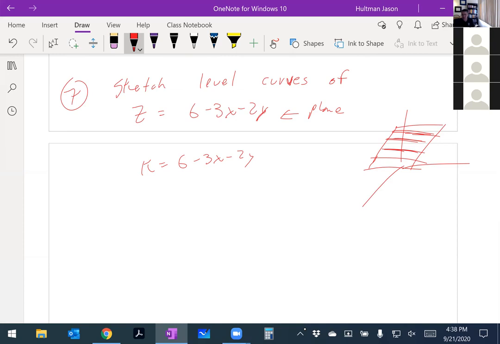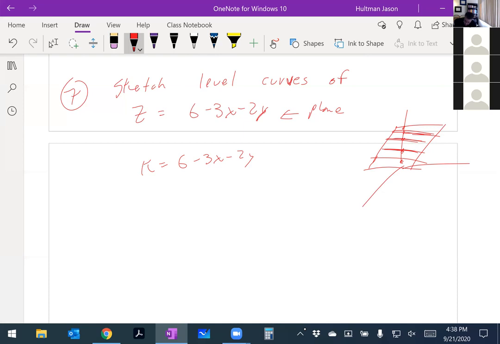Wouldn't I create lines? As z changes to different values, what are the slices through those planes horizontal to the xy plane? Well, those slices, those traces, are just lines.